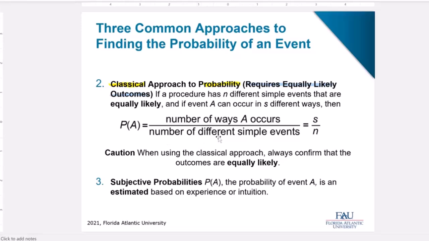For example, if I was gonna have a child and I wanted a girl, if it was more than 50% chance that I would have a girl, maybe it was 52% chance I'd have a girl and a 48% chance I would have a boy, then I wouldn't be able to use this classical approach because I don't have equally likely outcomes. And then the last is subjective probability.